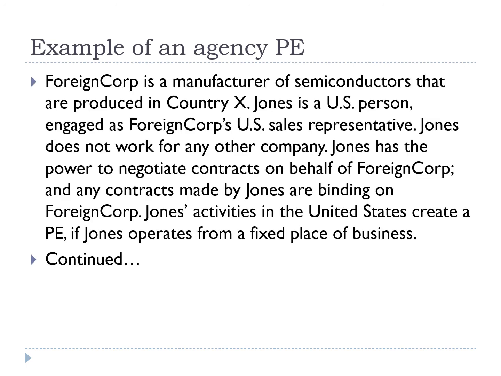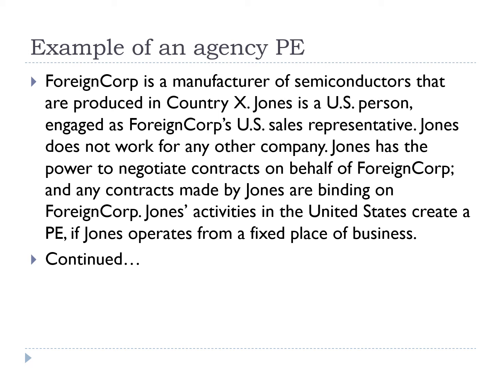Here's an example of a dependent agent who creates an agency PE. Foreign Corp is a manufacturer of semiconductors that are produced in country X. Jones is a U.S. person engaged as Foreign Corp's U.S. sales representative. Jones does not work for any other company.